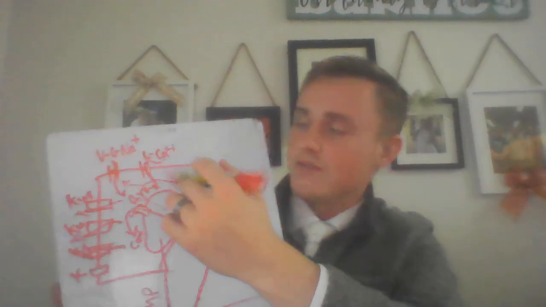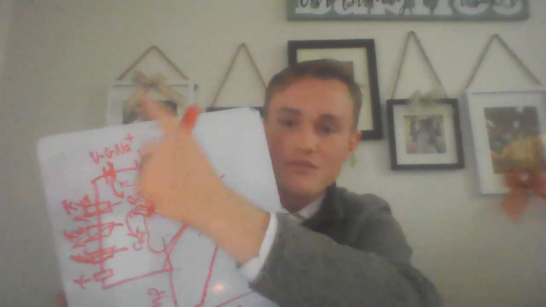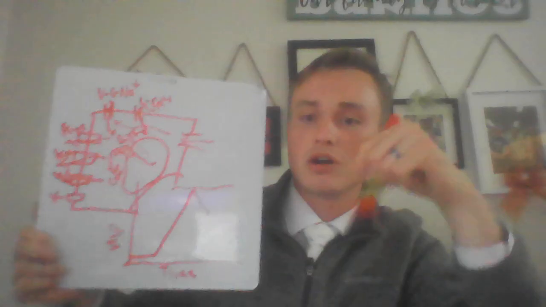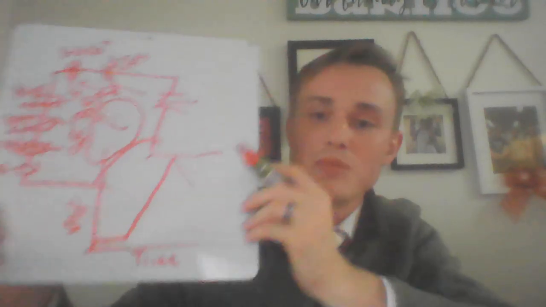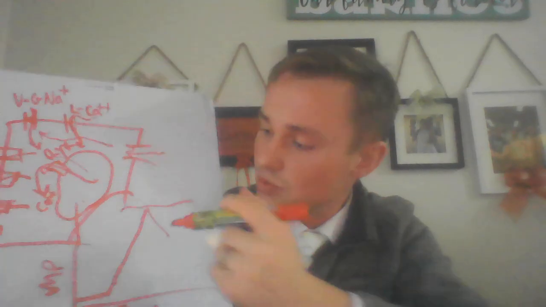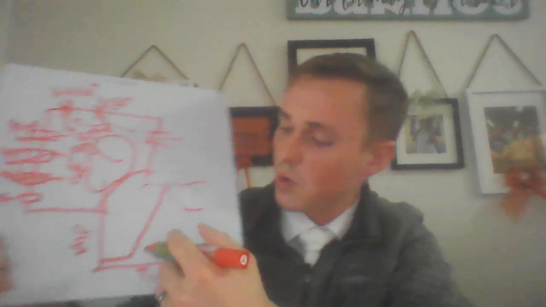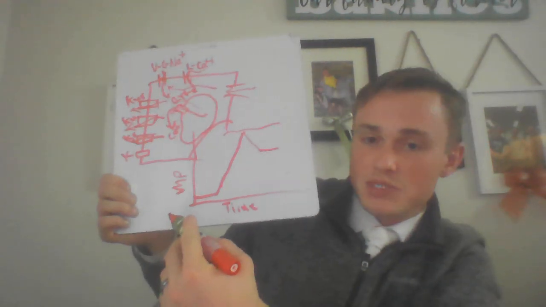But because we have these 2 gradients fighting each other, it takes much longer for our cardiac myocytes to reach back down to a normal resting membrane potential.